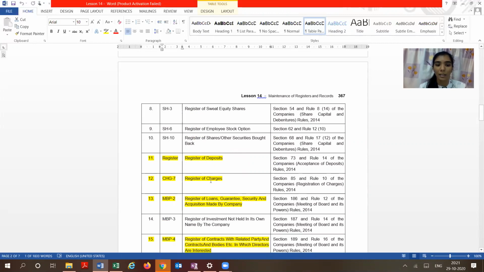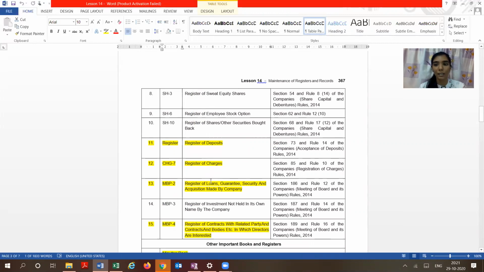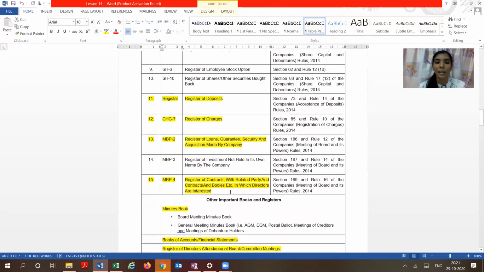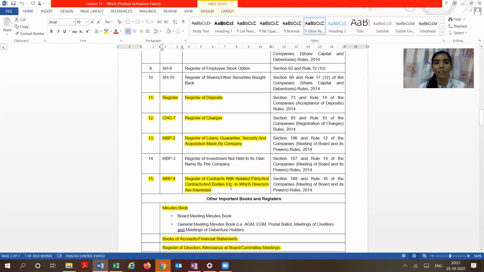Register of charges: when a company takes a secured loan, it has to record it in a register of charges. Then there is another register of all the loans, guarantees, etc. given by the company. Then the company would have related parties, right? For a related party, they would be entering into contracts, so they have to be recorded in MBP4, register of contracts with related parties.